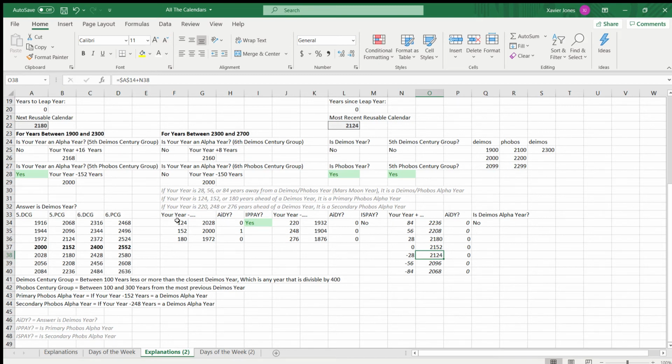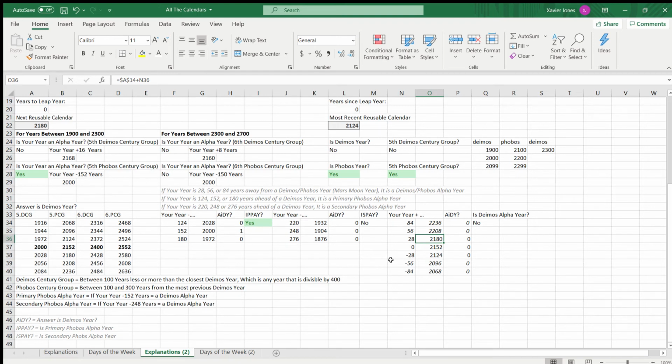For our secondary Phobos century group, we're going to have to go to our next century pairing. This is for the century of 2100, so all of these values go from the year 2100 to the year 2199.